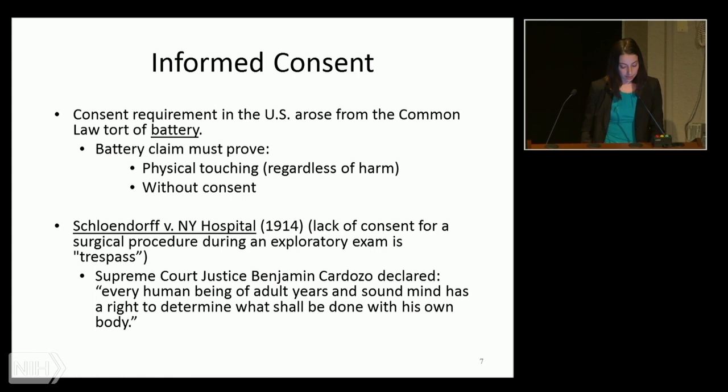In that one, the plaintiff claims that he had agreed to an exploratory exam related to some stomach fibroid tumors, and during that exam, the surgeon went ahead and actually removed the tumors, which the patient or plaintiff then said caused some additional distress and surgeries.